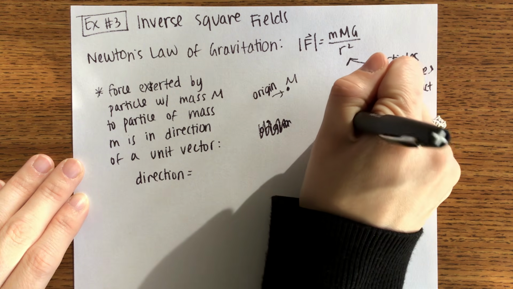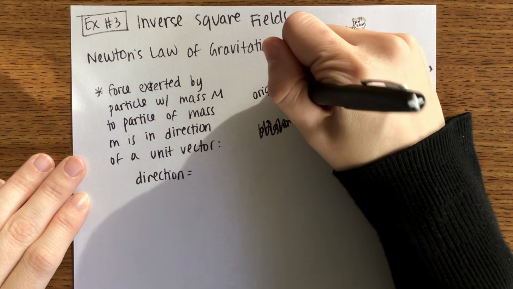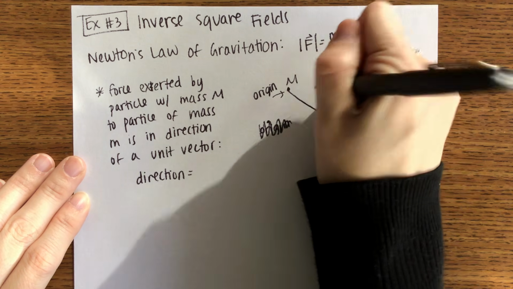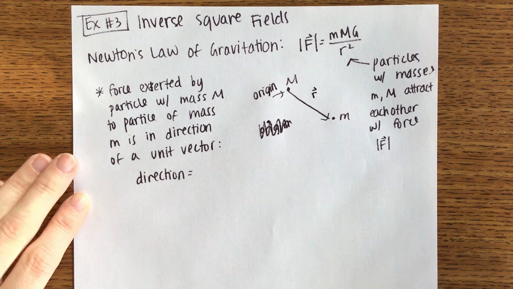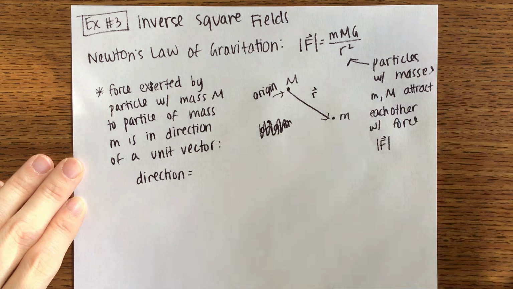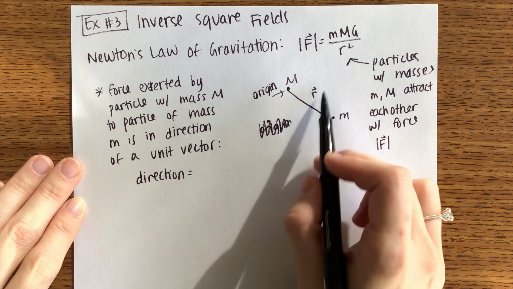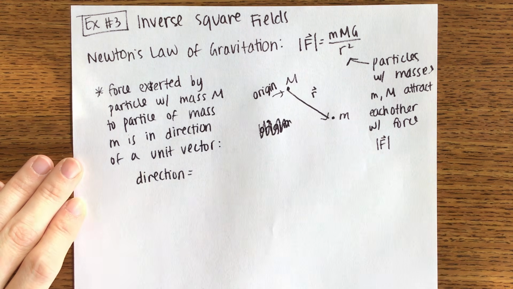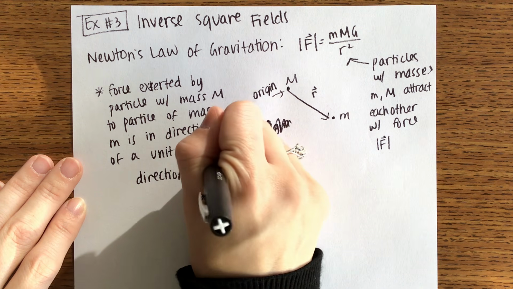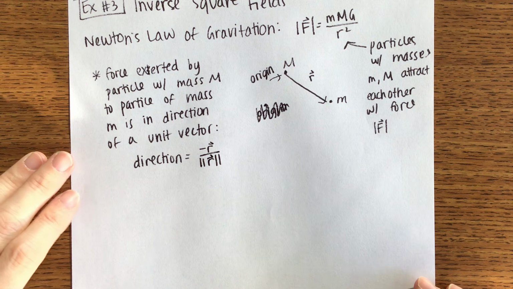Then we have this particle that has a mass of little m. The distance between them we're going to call r. Big G is the gravitational constant. So our direction then, this vector here, is going to be the opposite of r over the magnitude of r to make it a unit vector.